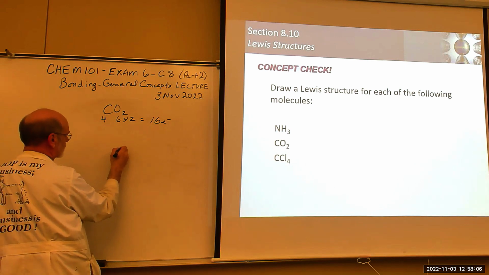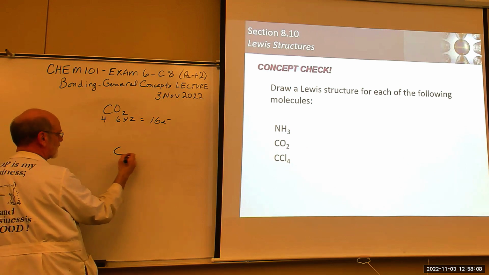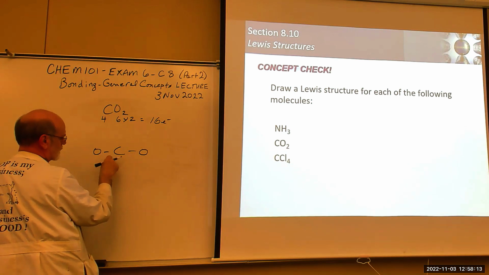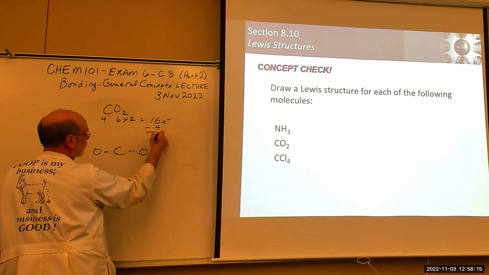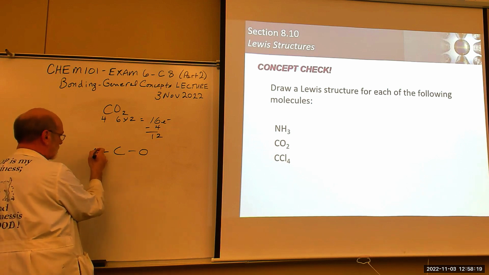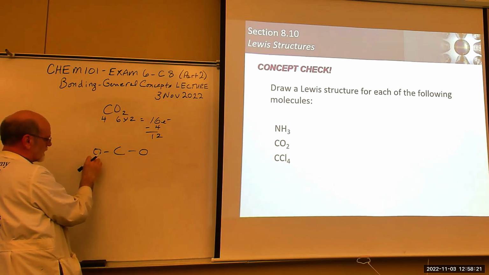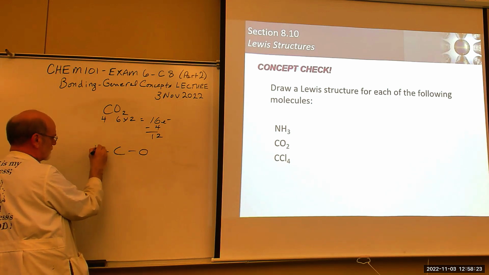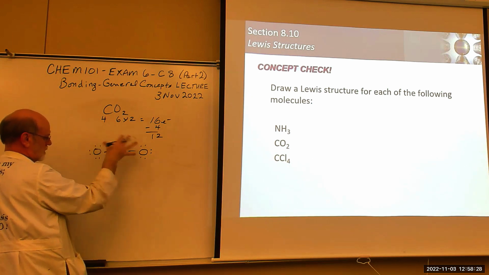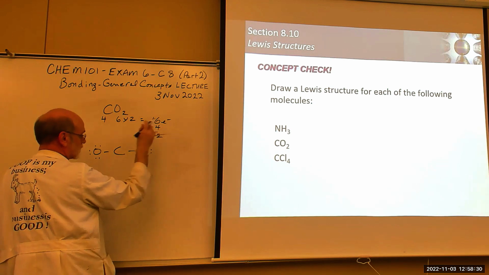So we have carbon in the middle, it's to the left of oxygen, and we create a bond for each of the oxygens. So that's 2, 4. We have 12 left over. So I know that we've got room for 2, 4, 6 and 2, 4, 6 on the outermost. So that gets rid of all of them.